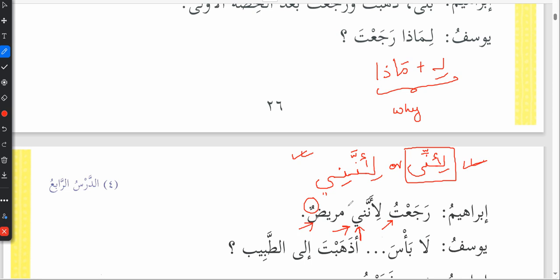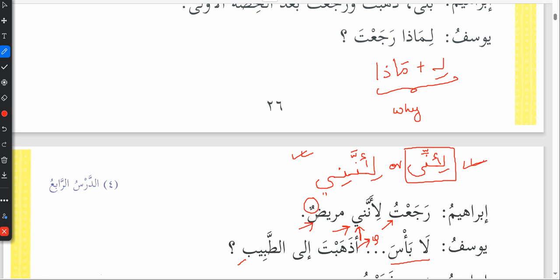Then Yusuf asked Ibrahim, Labas, means don't worry, no problem. Dhahabta. Now he's asking a simple question. When it is a simple question, you will see the questioning tool simply used for a simple question. Dhahabta ila tabibi means, did you go to the doctor? So let's see what is his answer.